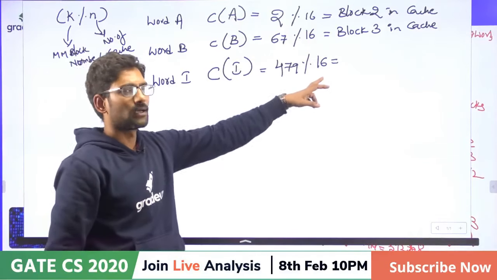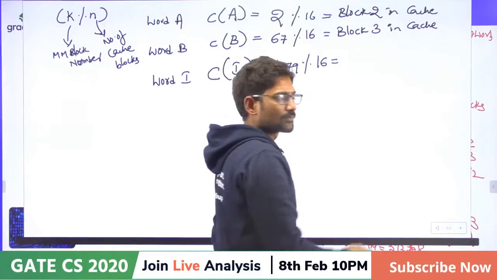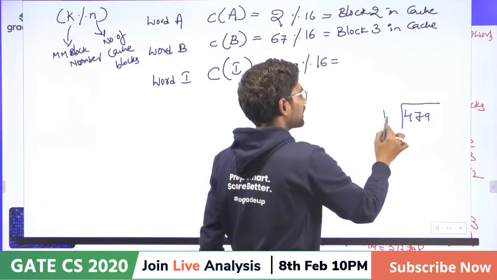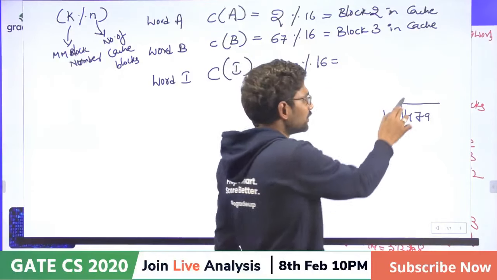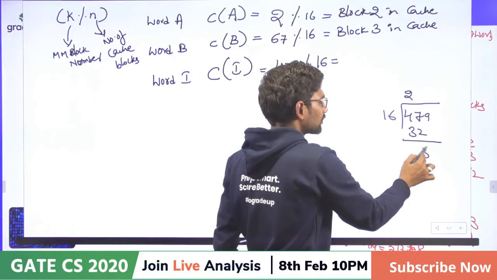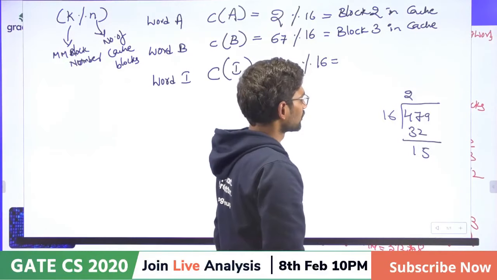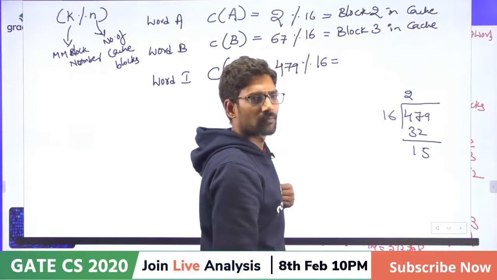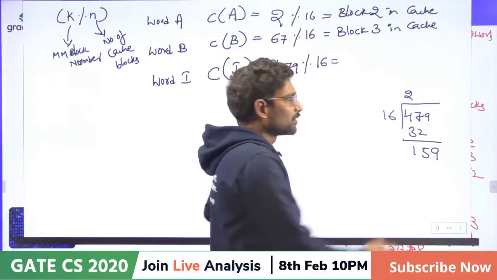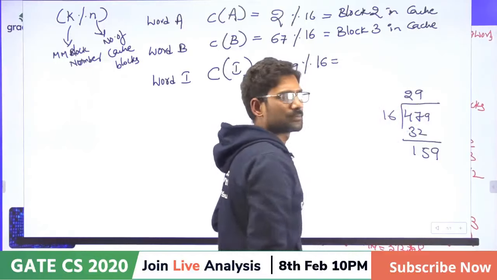The remainder you should compute: 16 goes 2 times, then it goes 9 times, so 16 times 29 is 464.